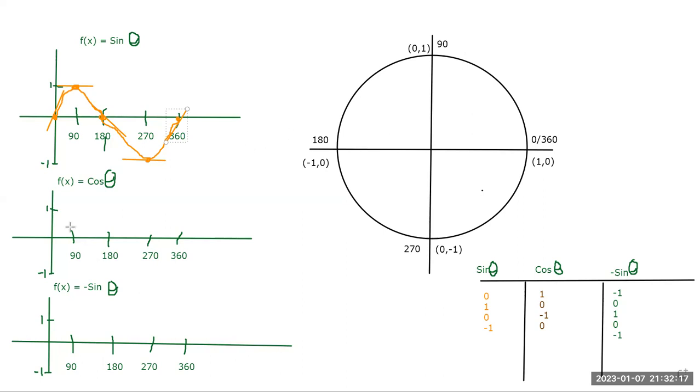So what you would do then is, at 0, the point will be at 1. At 90, the point will be 0. At 180, it will be at -1. And 270, it will be at 0 again. 360, +1.